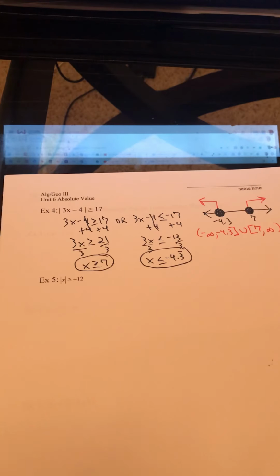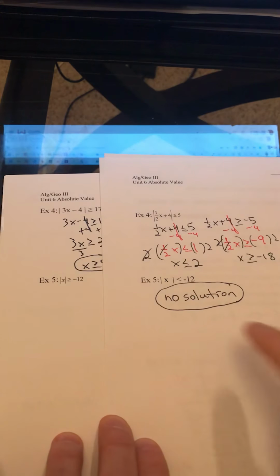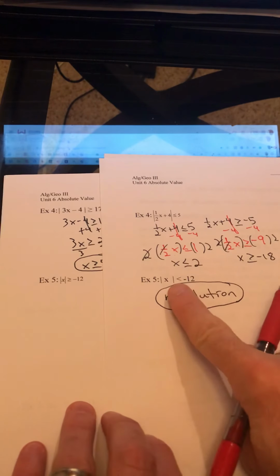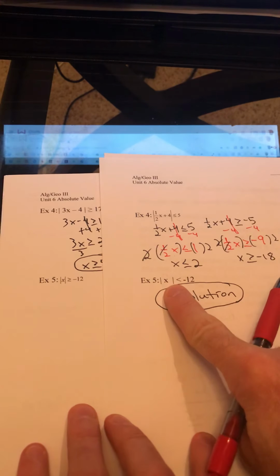Now, the final problem in this group does have a negative, and we're going to talk a little bit about that. If you have something like absolute value is greater than or equal to a negative, well, if we look back at example 5 on our last set of notes, when you have an absolute value, it makes everything positive.